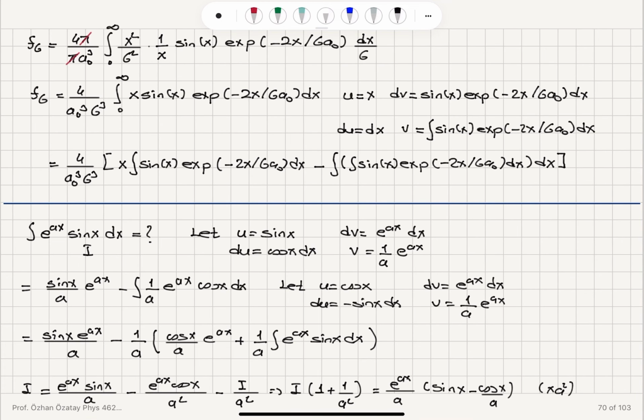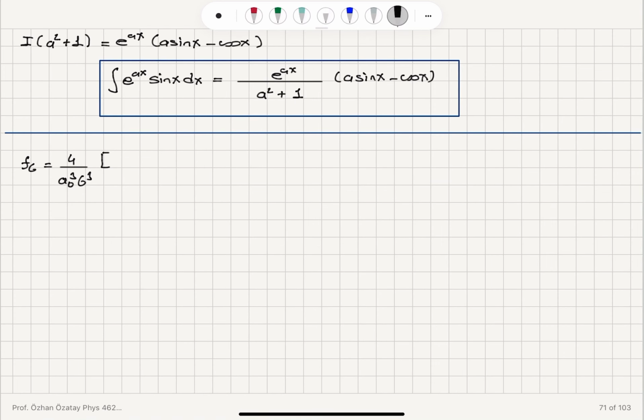Then I had x times this integral, so x times e to the ax, which is basically exponential minus 2x divided by g a0, that is e to the ax, 1 over a squared plus 1, so that's going to be 1 over 1 plus 2 square, which is 4, divided by g square a0 square.